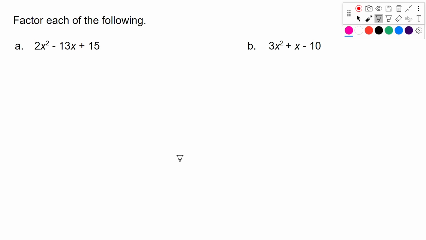Now, what if we have situations where it wouldn't split evenly over 2 blocks? So if I look at 2x squared minus 13x plus 15, the 2 would indicate I could potentially have 2 blocks or 2 area models. When I look at the 13, I can't split the 13 evenly.